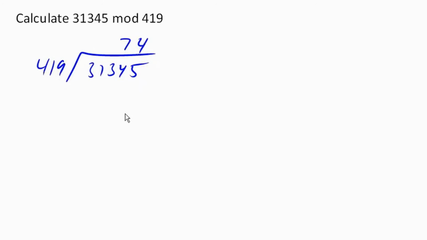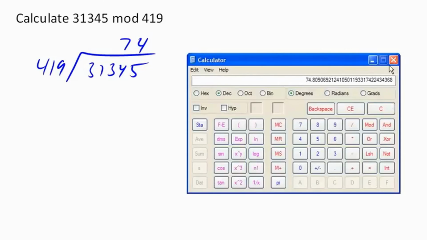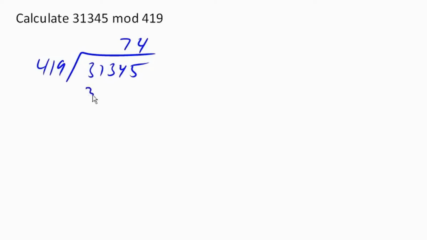And in fact, that's not too bad to do. We could say 74 times 419 is 31,006, and then subtract to find the modulus. But I'm actually going to show you another way to do it.